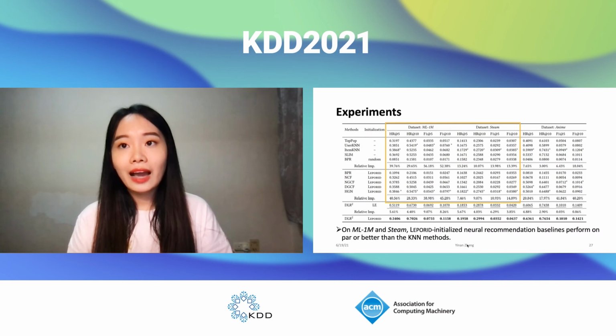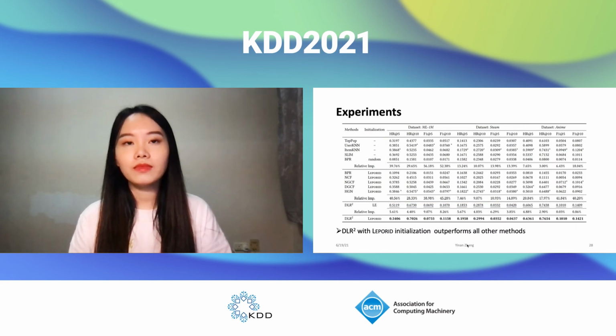This finding highlights the importance of initialization for recommendation systems. Importantly, DLR² with Laprid initialization outperforms all other methods, including strong traditional models and the well-initialized neural recommendation models.